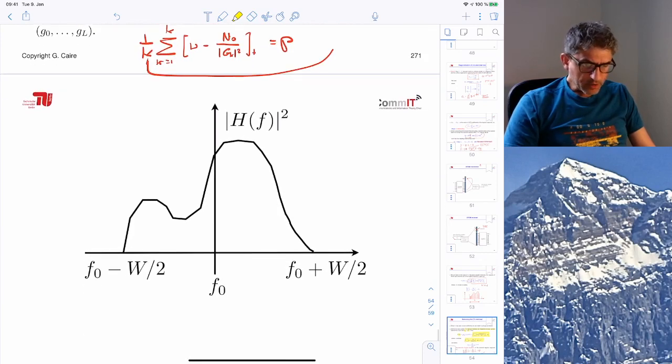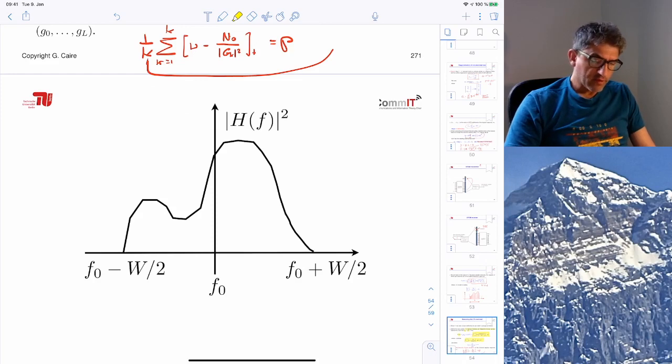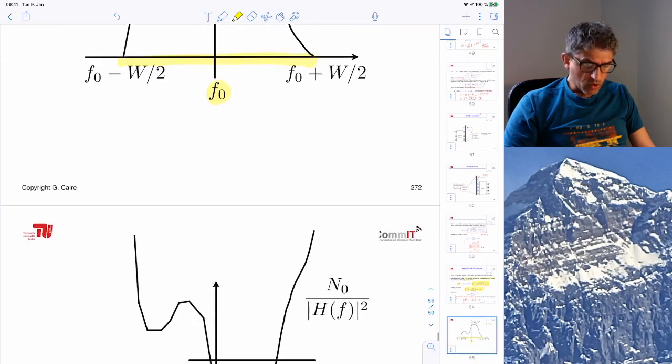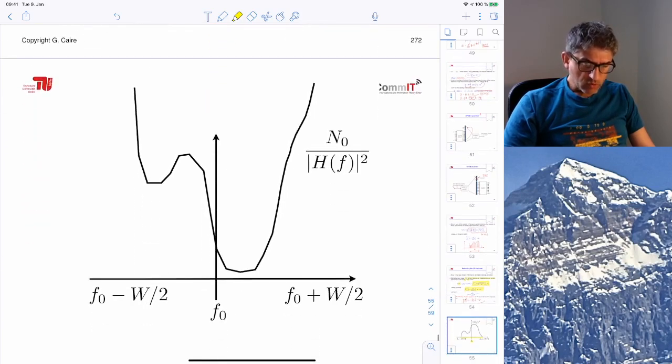So the picture then is the following. In general, we have a channel which is located around a certain subcarrier, has a total bandwidth W, and has a finite transfer function. So to do the water allocation, we consider 1 over the channel transfer function squared multiplied by N0.